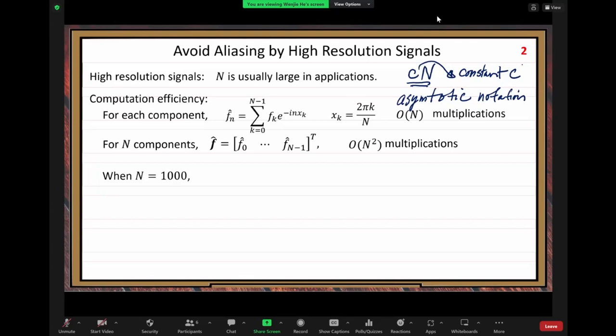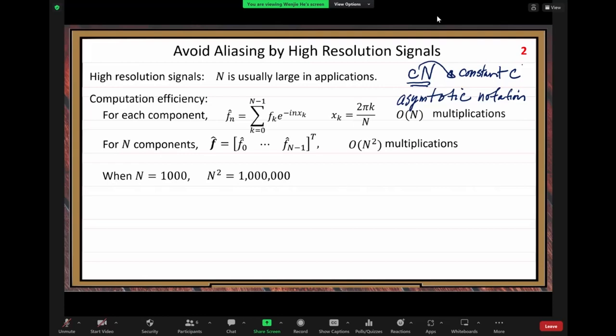That's the resolution. If n is 1,000, then n squared is 1 million. When you do the multiplication, you need some constant multiple of 1 million. To be simple, let's just say 1 million multiplications.